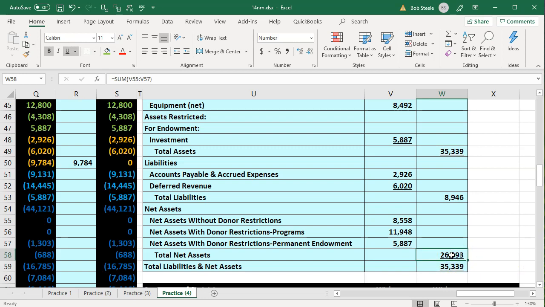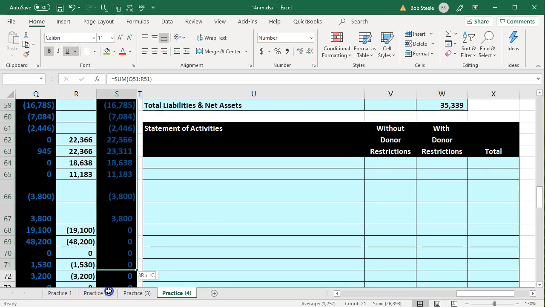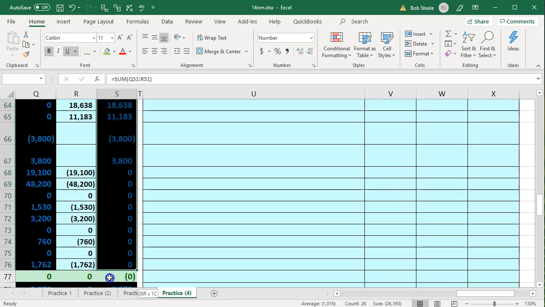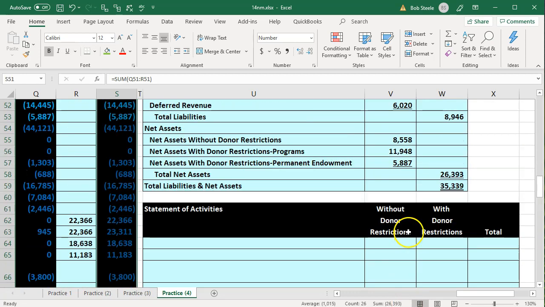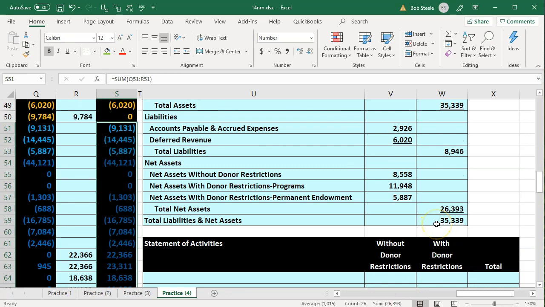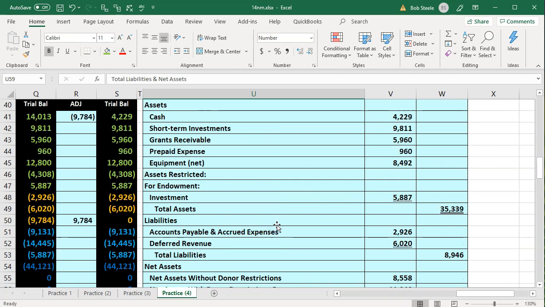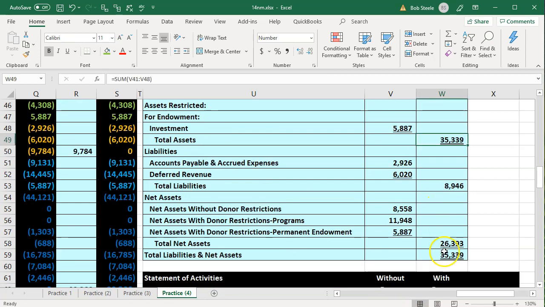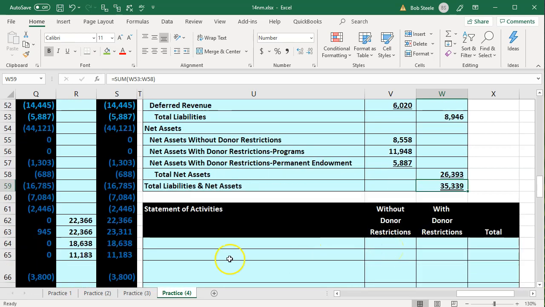This number we can see is the equivalent of all of the blue accounts here, if we add them up, the 26,393. So now we have, of course, the assets equaling the liabilities plus the equity. Everything looks good. Next time, we're going to move on to the statement of activities.